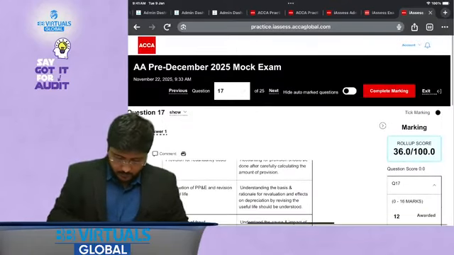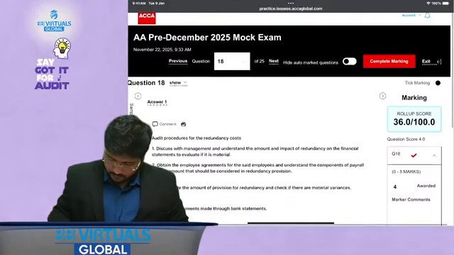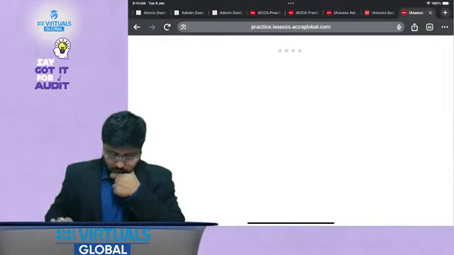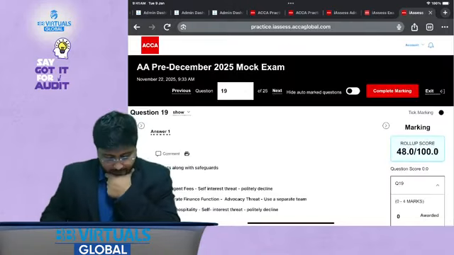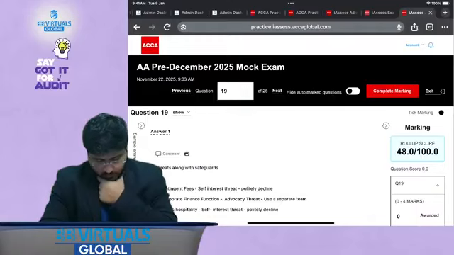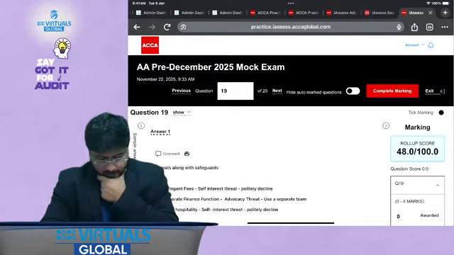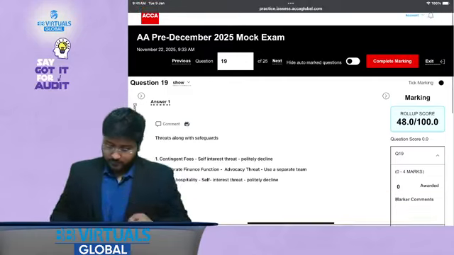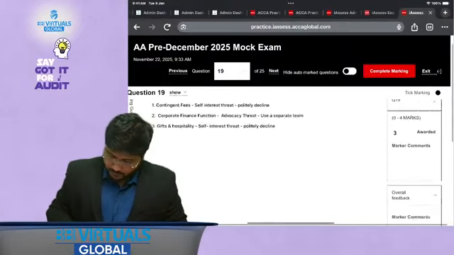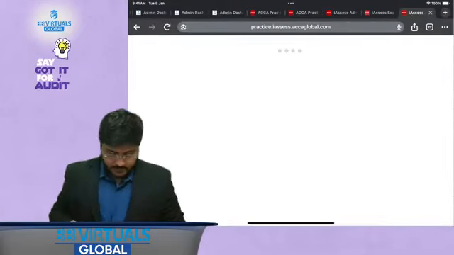Now this one I have already given. Okay, now the next one, 19, contingent fees, self-interest, politely decline. Corporate finance function, advocacy threat, use a separate team. Yes. Gifts and hospitality, self-interest, politely decline. Again, full marks should be there, but I am giving myself 3 marks. Okay, next.